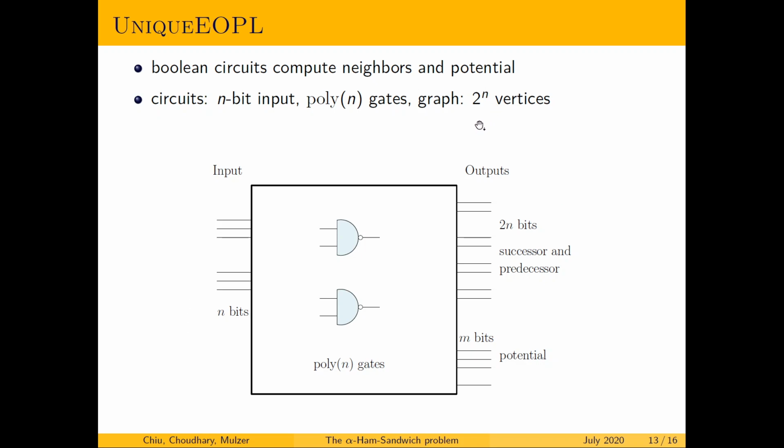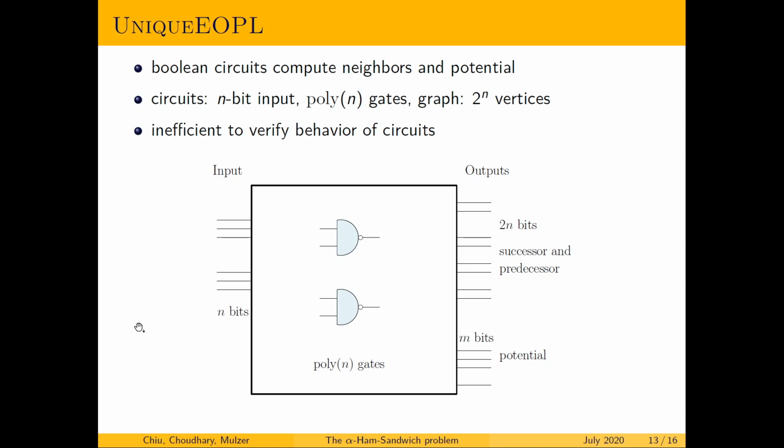So there can be up to 2 to the n vertices. The outputs contain 2n bits representing the successor and the predecessor of the node, and some more bits which compute the potential. So the circuit has size poly(n). That means the number of gates used in the circuit is poly(n).